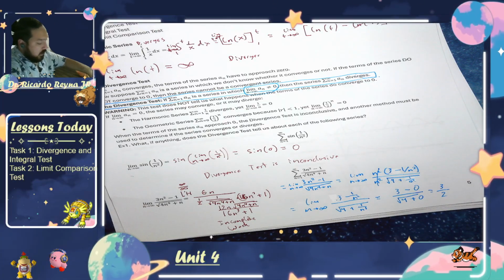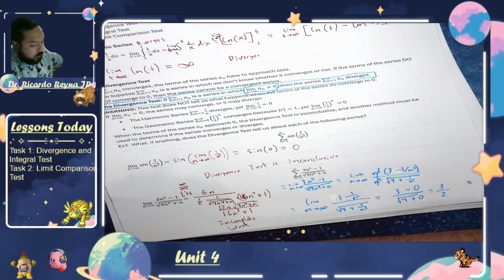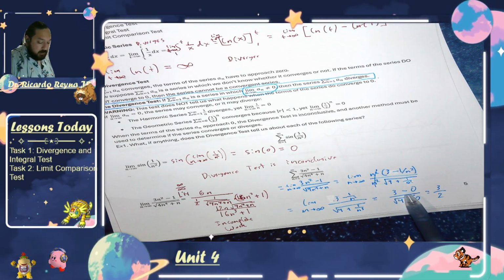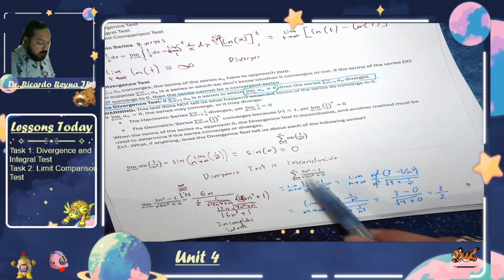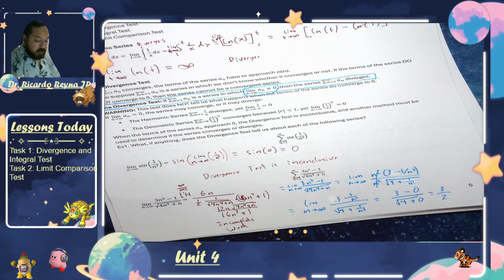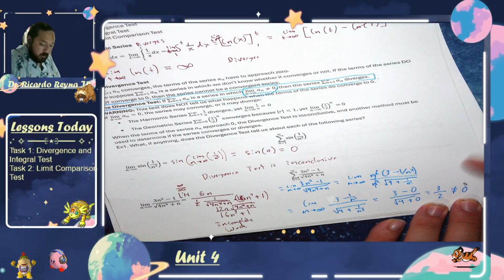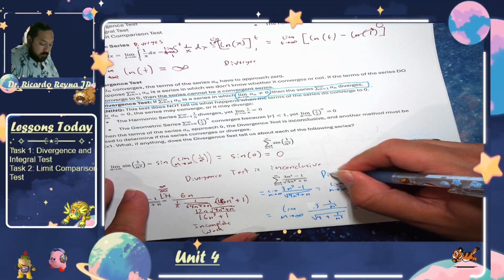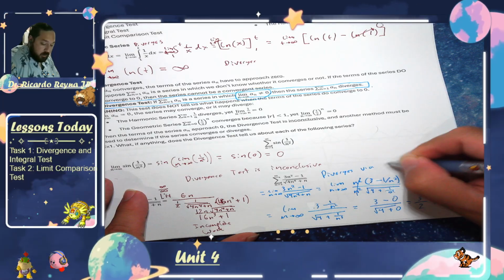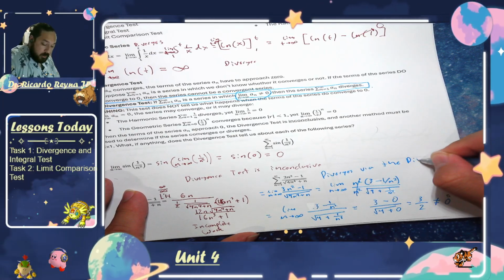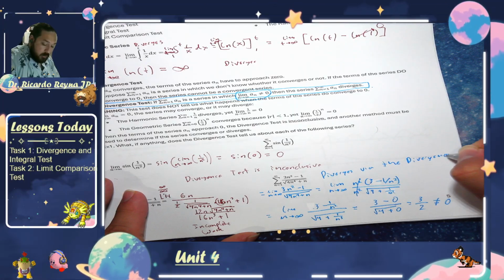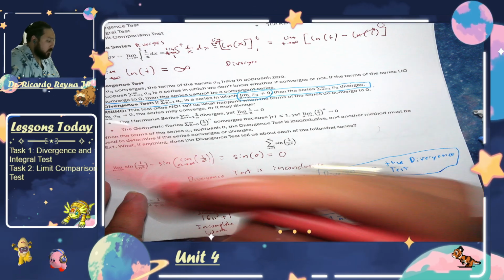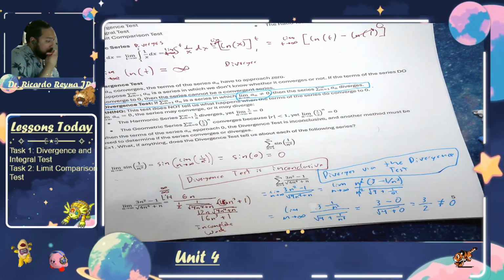Now, at the end of the day, what this tells us specifically is that because the limit of this, not the sum, the limit of this does not equal 0, it's safe to say that this series diverges. Diverges via the divergence test.